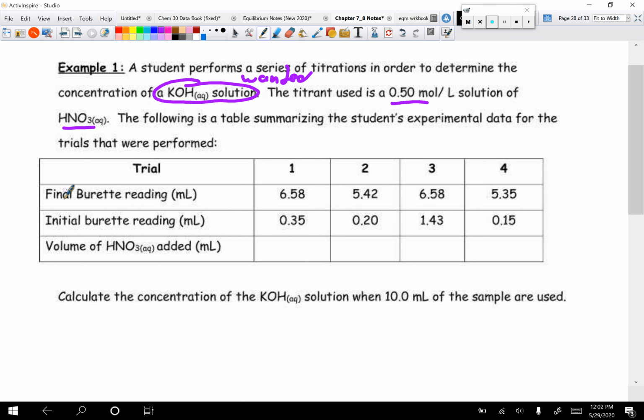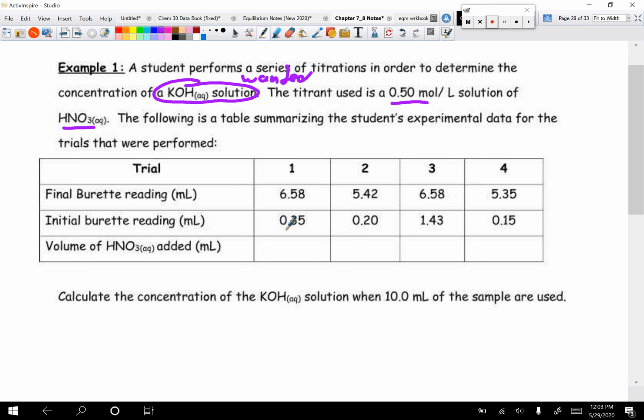What we have right here is the final and initial burette reading. That means that before the titration started, the student took the burette reading to find that it read 0.35 milliliters, and when it was done, the burette read 6.58 milliliters. To get the total, we just subtract final minus initial to get what was added.